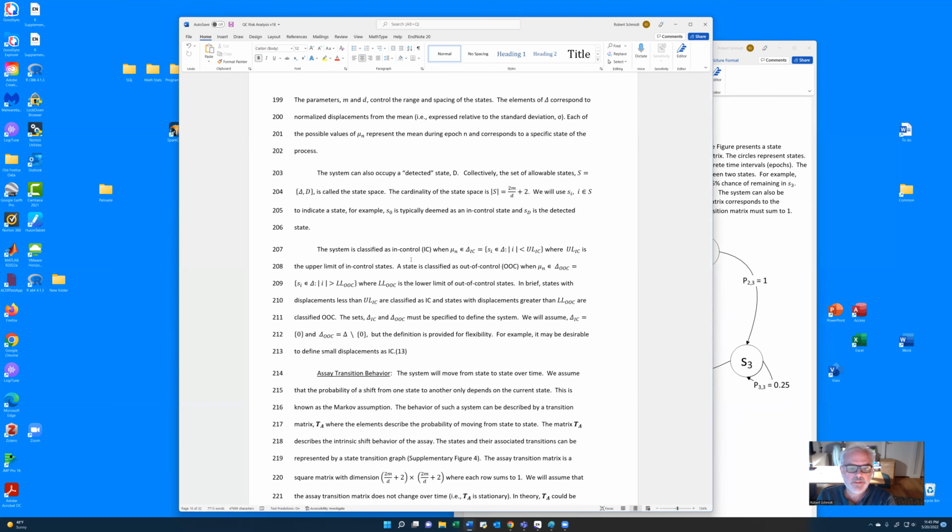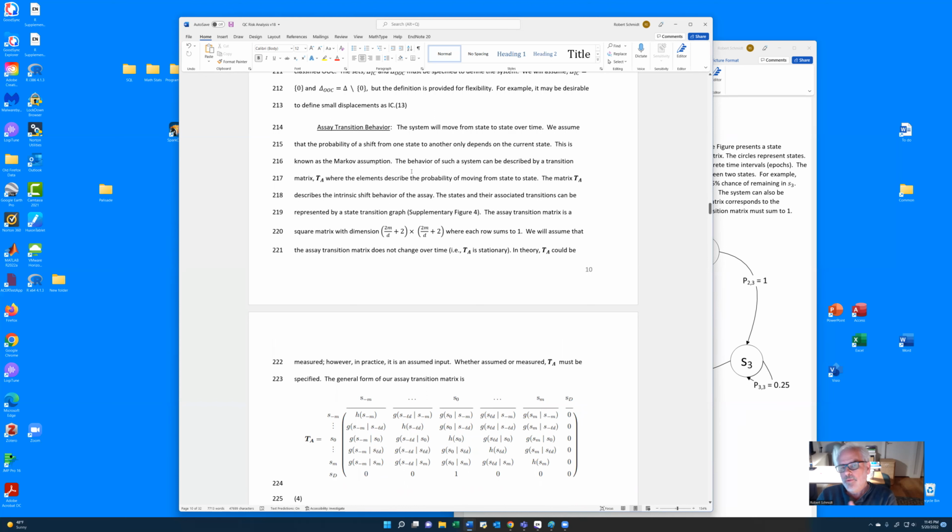Because we want to think of circumstances where it's a waste of time to troubleshoot and recalibrate and get the system back online. And you might consider a broadened definition of in control. And this notation here in lines 207 to 213 just does that.